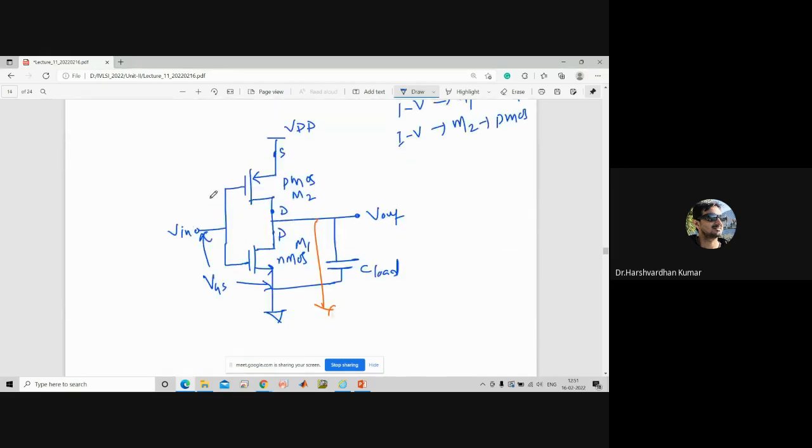Now we are interested in writing the equations for VGSP, that is, the gate to source voltage for the PMOS. If I ask you to write the equation for VGSP from the circuit diagram, what will be your answer? VGSP is equal to the input voltage minus VDD.